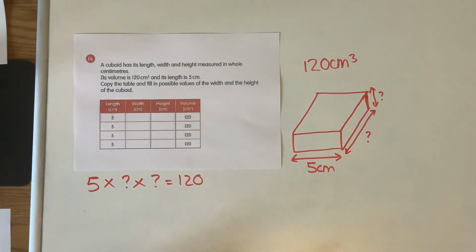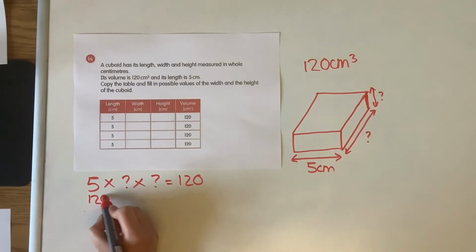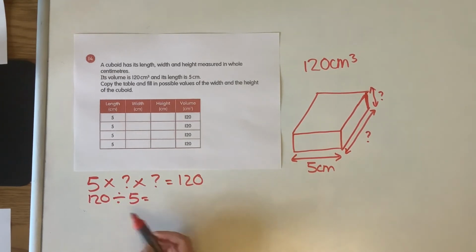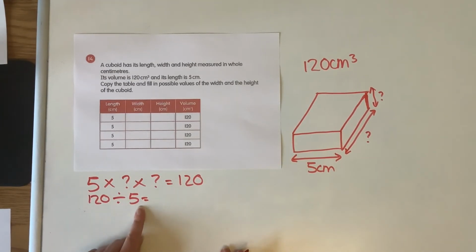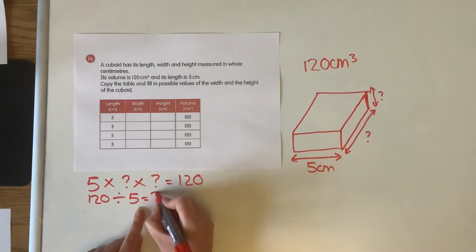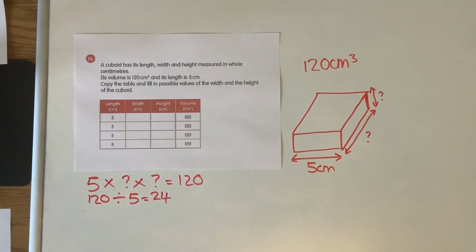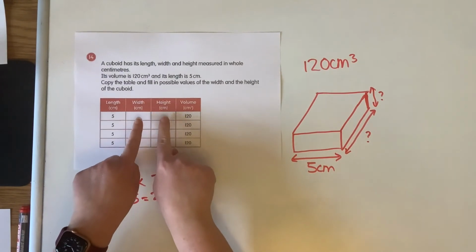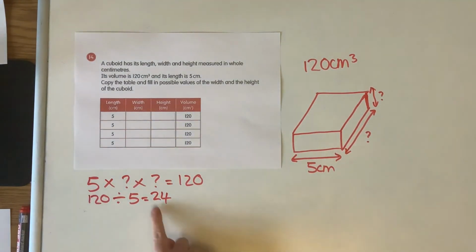The first thing I need to do to help me work out what these are is to use my inverse. So I would need to do 120 divided by 5, because I need to do the opposite. 120 divided by 5 is 24. So that tells me that the product of the width times the height needs to give me an answer of 24.